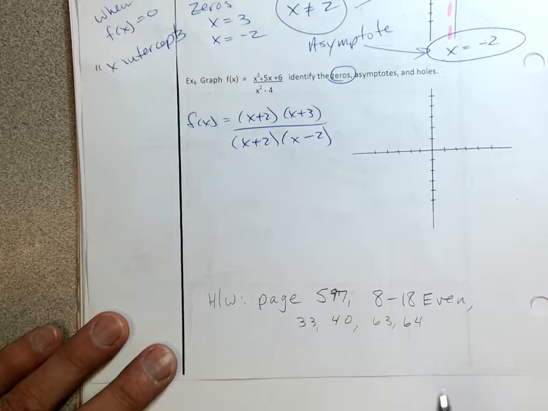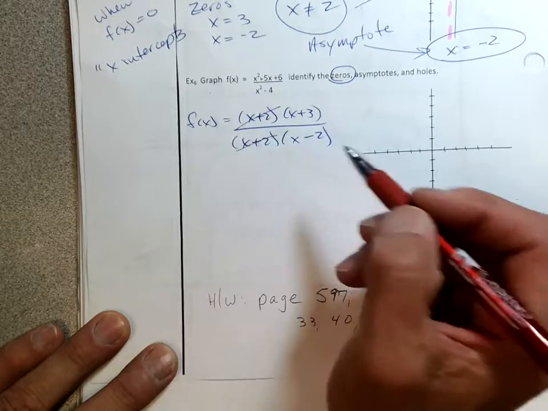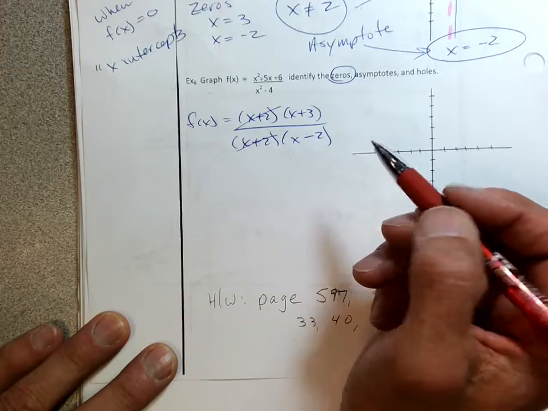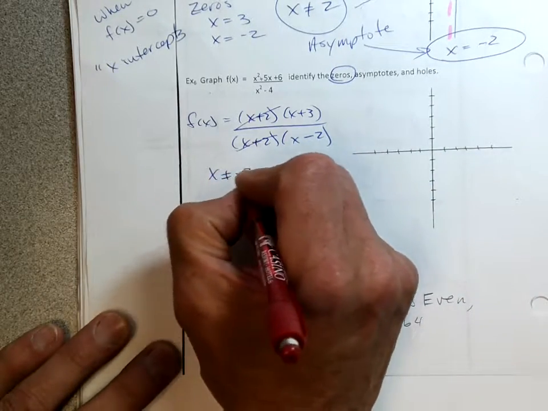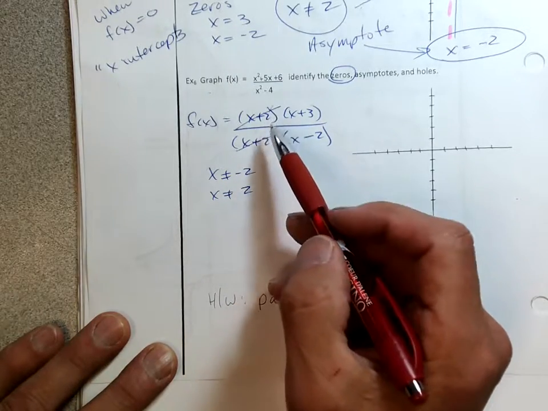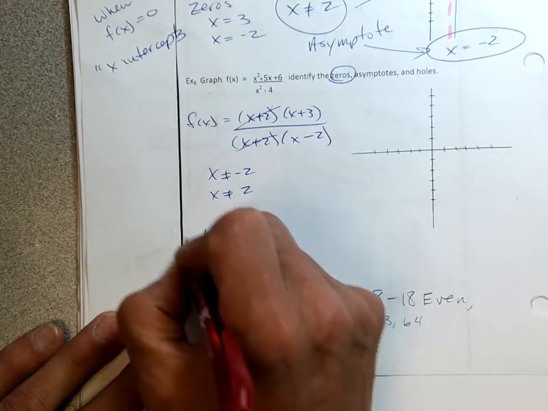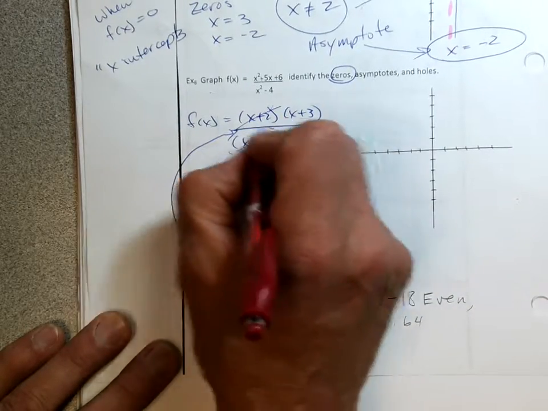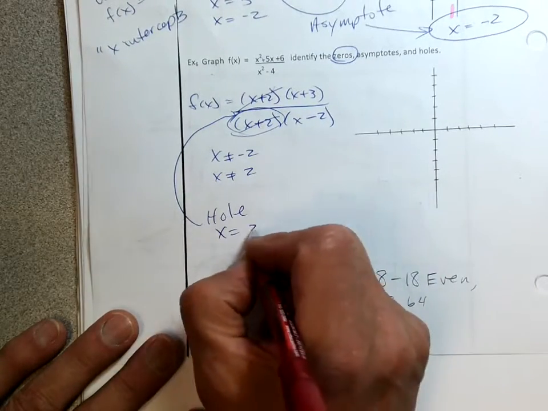You're going to want to cancel that with that. You guys agree? And that would be your hole, right? Yes, nicely done. So we know that x cannot equal negative 2 and x cannot equal 2, but because we can remove that one, that's my hole. So at x equals negative 2, I have a hole.